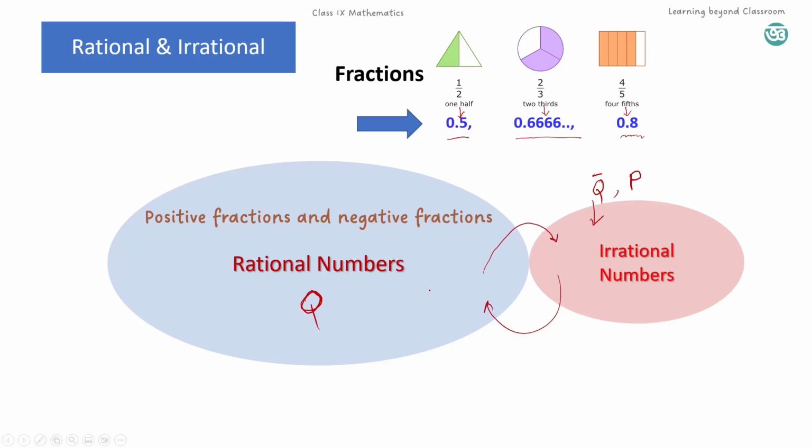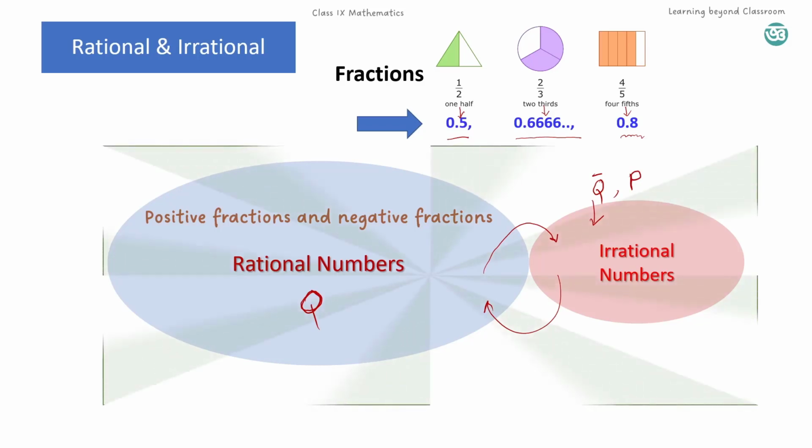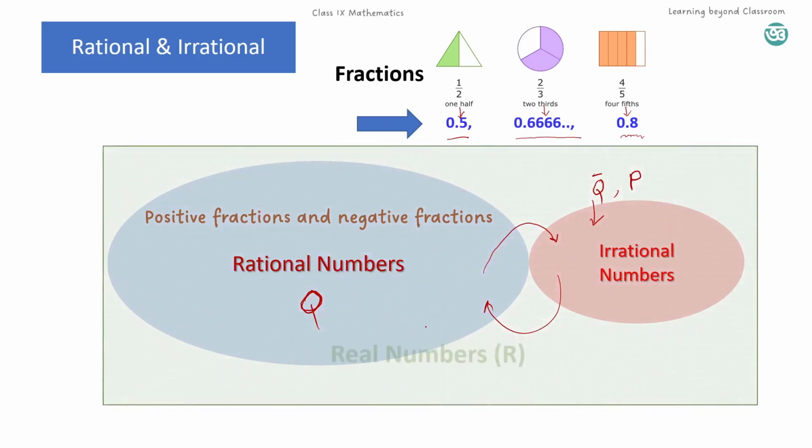Both these rational and irrational numbers form another set of numbers, and that is called the real numbers, R. So R is the set of all real numbers, and therefore Q is a proper subset of R, and Q dash is also a proper subset of real numbers.